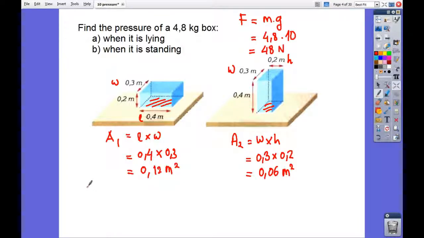So the pressure on the base when it is lying down is force over A1. It is 48 over 0.12.